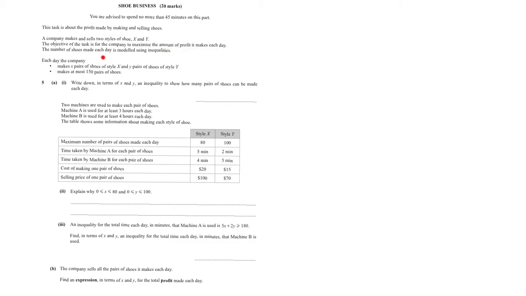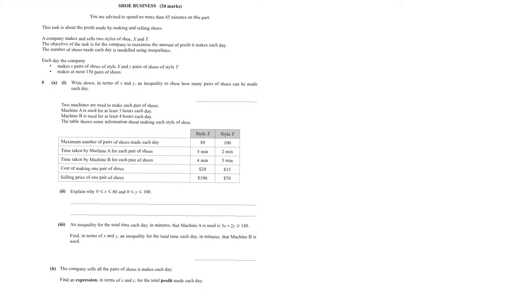The number of shoes made each day is modeled using inequalities, right? So we're going to use inequalities here. Each day, the company makes X pairs of shoes of style X and Y pairs of shoes of style Y, and makes at most 150 pairs of shoes. So at most is the word that they use here.